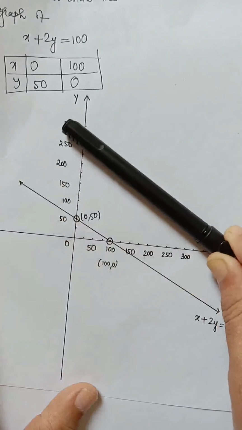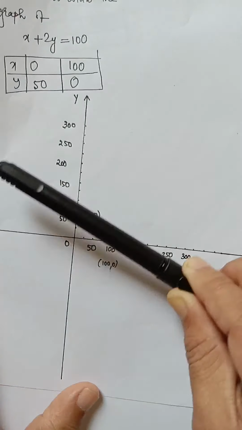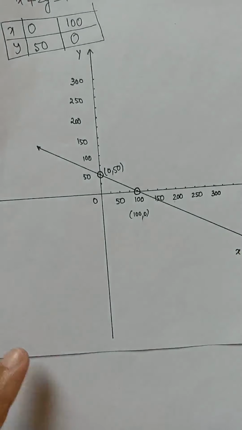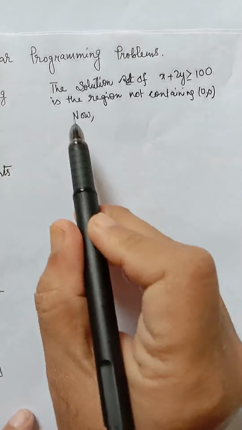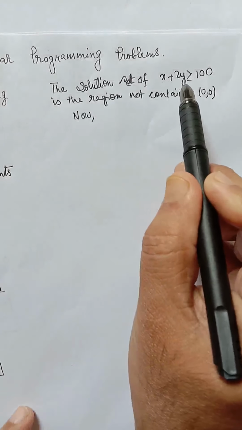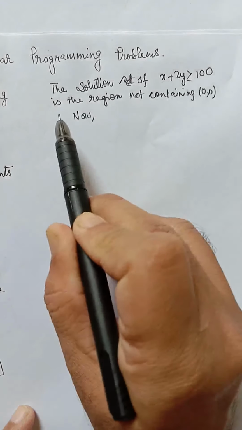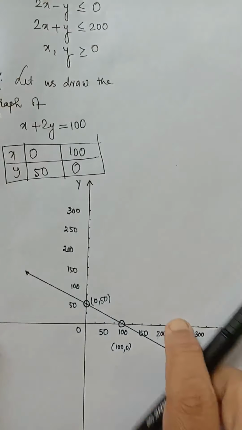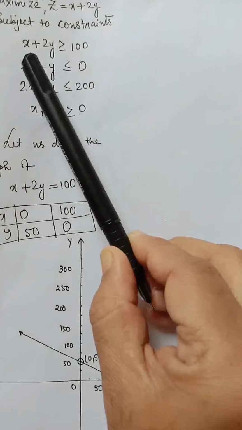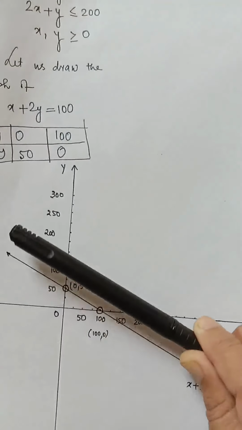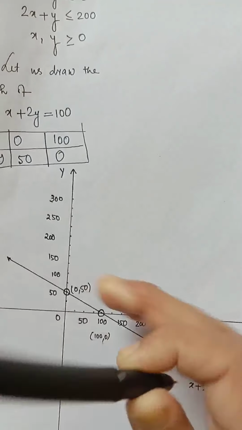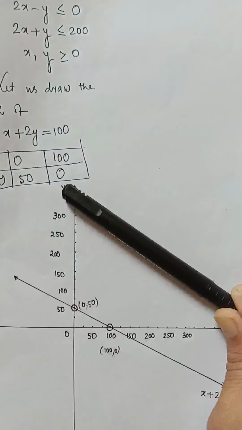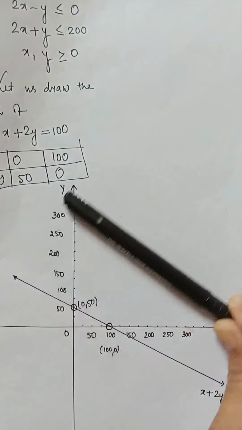This is the solution set of the first line. I have written that the solution set of x plus 2y greater than equal to 100 is the region not containing (0, 0). That means it is the region in the upper part of this line.